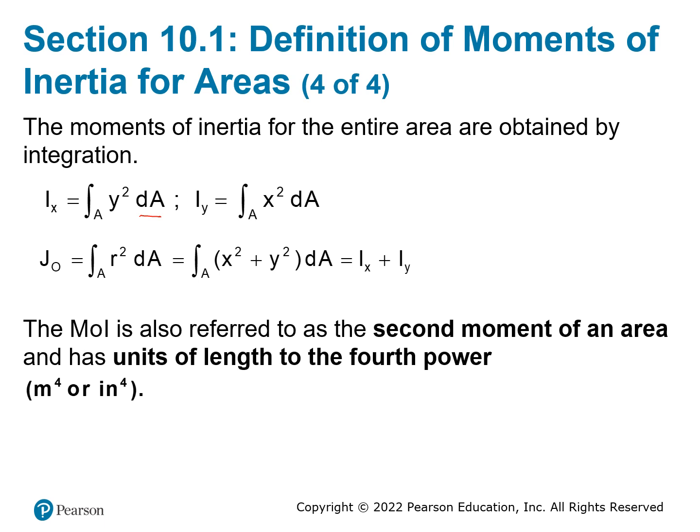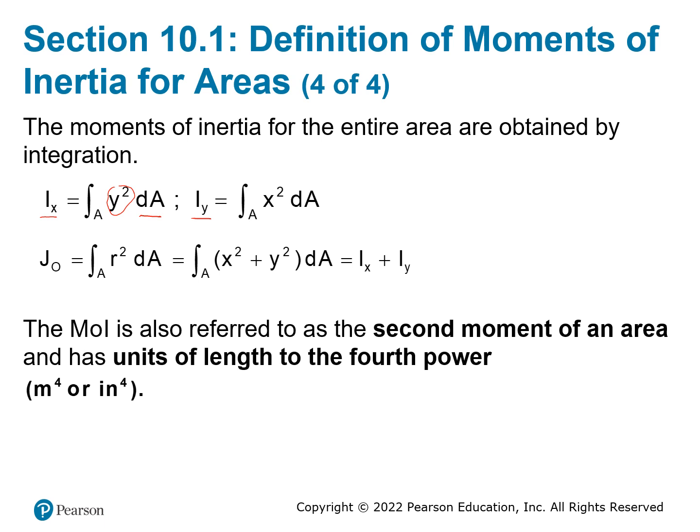And this is why we also refer to the moment of inertia as the second moment of the area, because it has the square. Okay, it has a square of the distance. This is with respect to the x-axis. This is with respect to the y-axis. And that is what we call the moment of inertia.